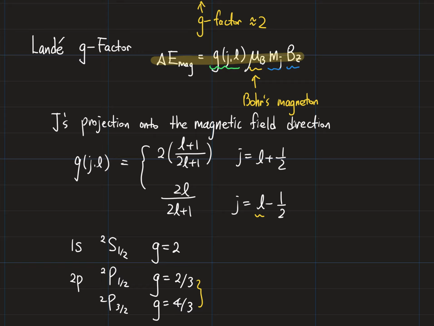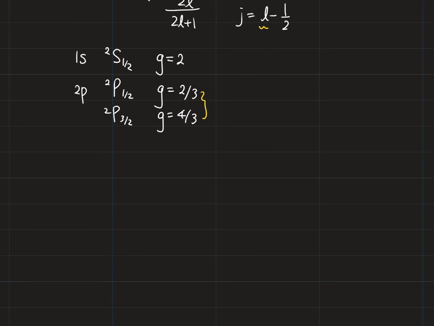So now let's strictly focus our attention on the diagram. So it is figure 7.13. So your 1s orbital is split into 2 levels.